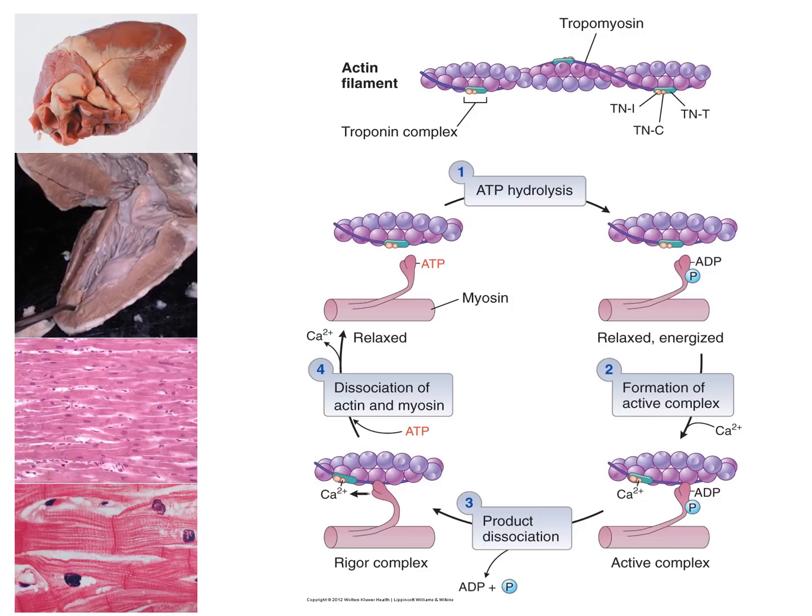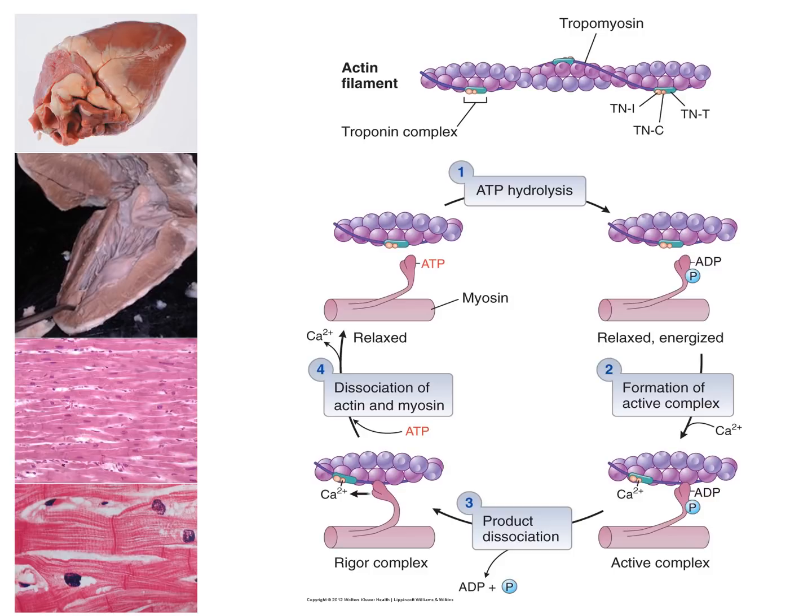Calcium binds to troponin. Troponin pulls tropomyosin off of actin, and then actin and myosin bind together. The myosin will contract, and the contraction of that myosin will lead to the contraction of filaments, and thus the contraction of the muscle, and the ability of the muscle to contract and eject blood either out of the atrium into the ventricles or out of the ventricles and into the great vessels.